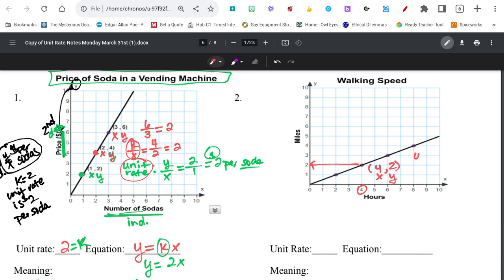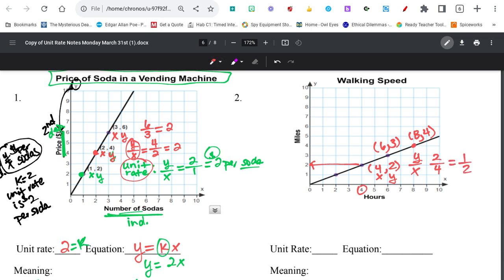So what I'll do now is divide y by x. I didn't have to choose that point. I could have chosen this one, which is 6, 3, or this one, which is 8, 4. But I'm going to go with this one. I'm going to take y, which is 2, and divide it by 4, which gives me 1/2.